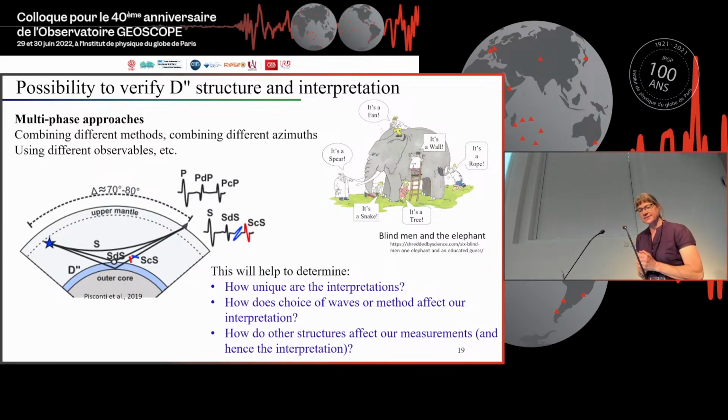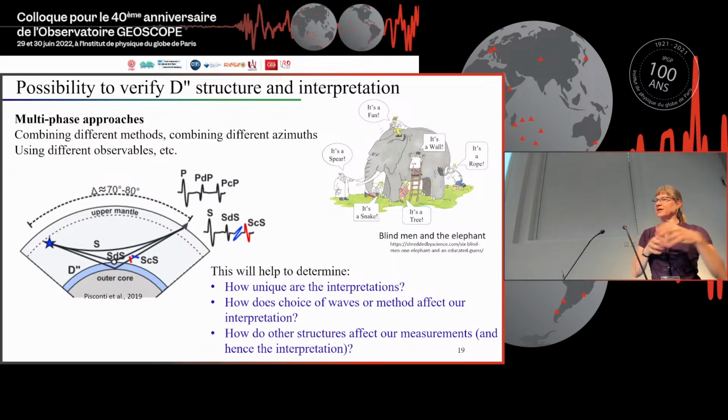If we use multi-phase and multi-technique approaches, we might find out how unique our interpretations are, and that's why I put the elephant up there with the blind man and the elephant, because possibly if you only look at one phase with one method, you might only see one part of the elephant, and then you might interpret this as one thing.